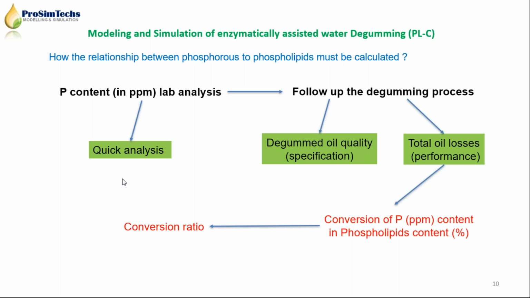And the thing here is that for this purpose, we need to reconvert the phosphorus content to phospholipid content, since, as we know, the phospholipids are the actual compounds that we are removing from the oil. Because we typically need to check the global oil losses, and to do this we need to know the fraction of phospholipids that we are removing, expressed as phospholipids.